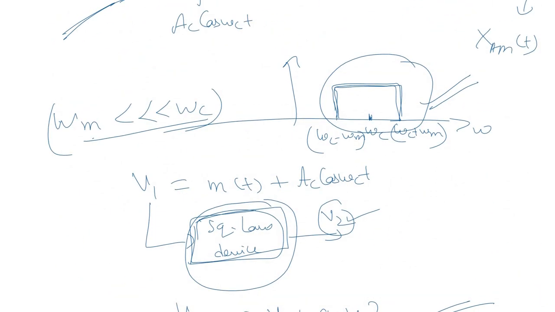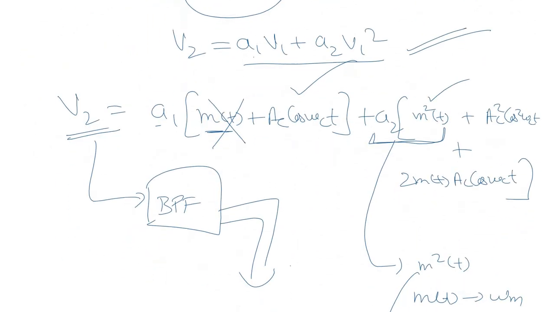Answer is no, because omega M is much smaller than omega C, and twice of omega M, the relationship will remain as it is, and hence twice of omega M will not pass through this pass band. So this component also gets eliminated.